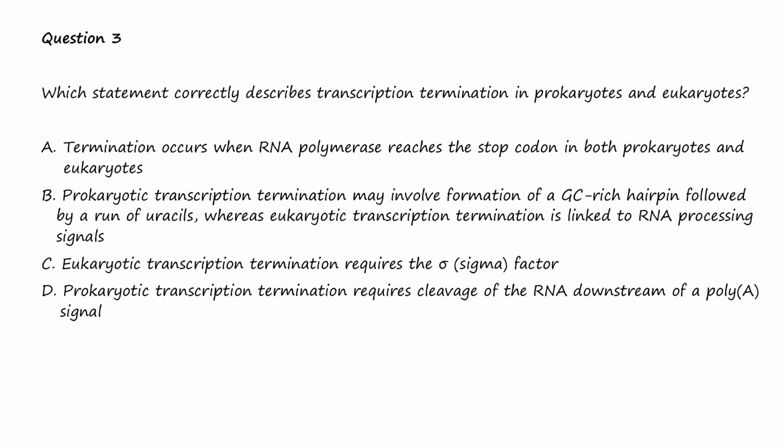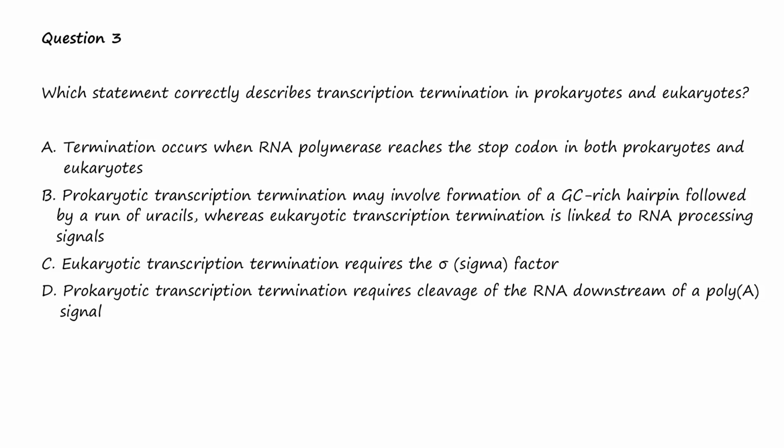Question 3. Which statement correctly describes transcription termination in prokaryotes and eukaryotes? A. Termination occurs when RNA polymerase reaches the stop codon in both prokaryotes and eukaryotes.